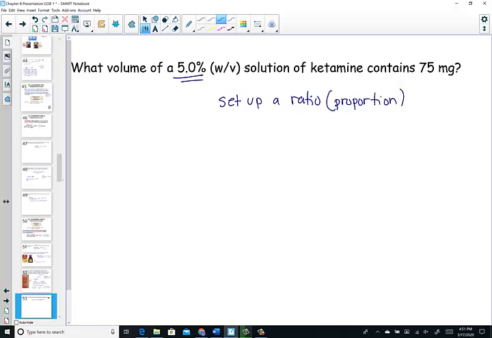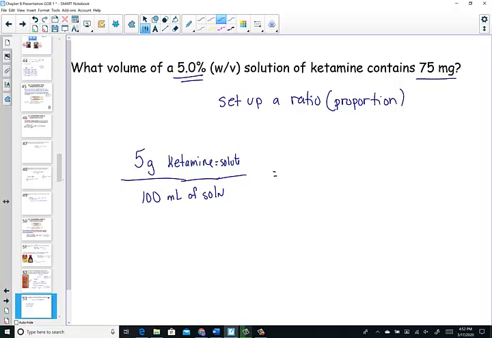This definition means there are 5 grams of our solute, ketamine, in every 100 mL of solution. And I'm just going to write SOLN for solution. This is the solute over the entire solution. 5% tells me there's 5 grams of solute in 100 mL of solution.